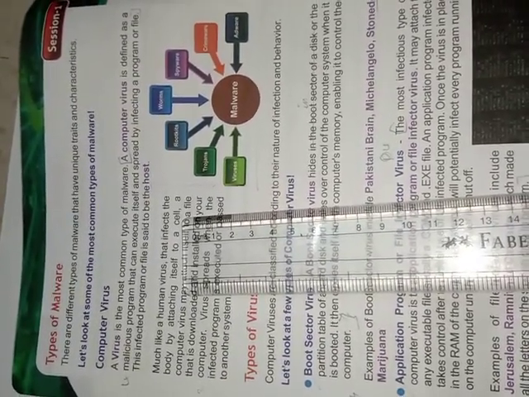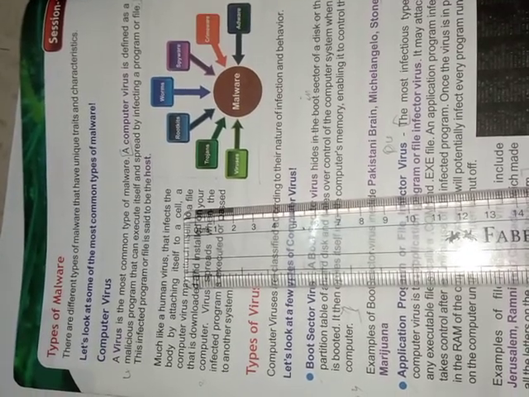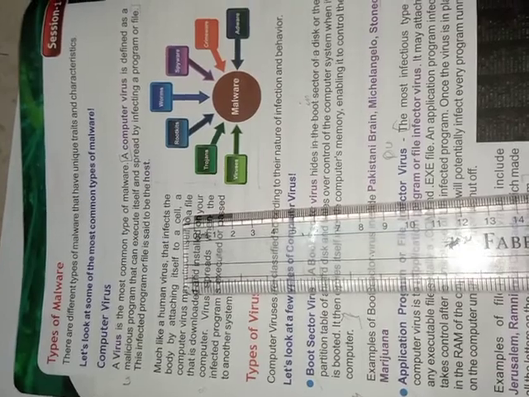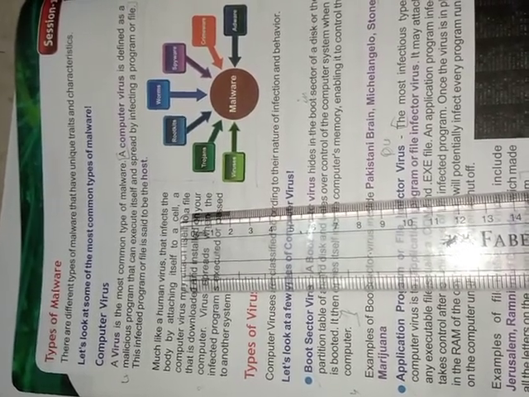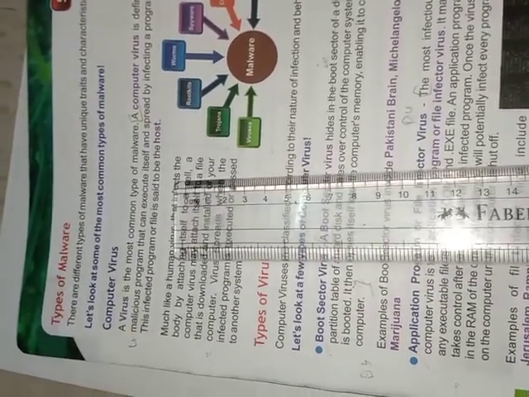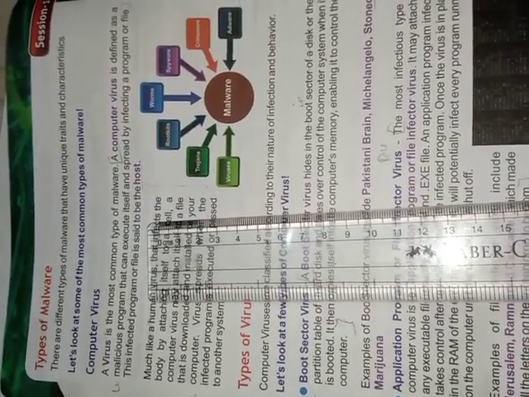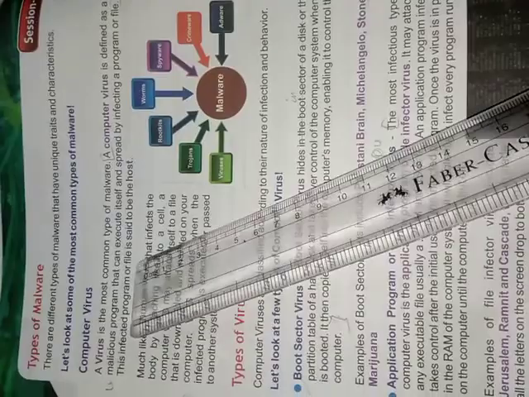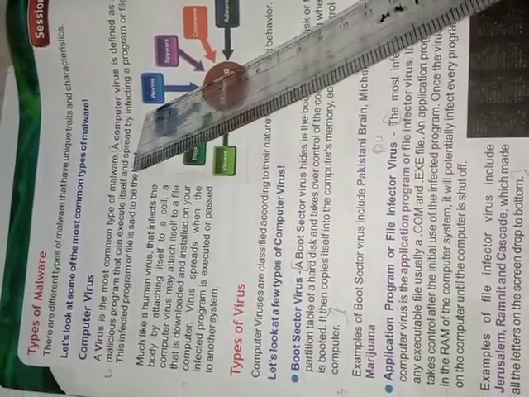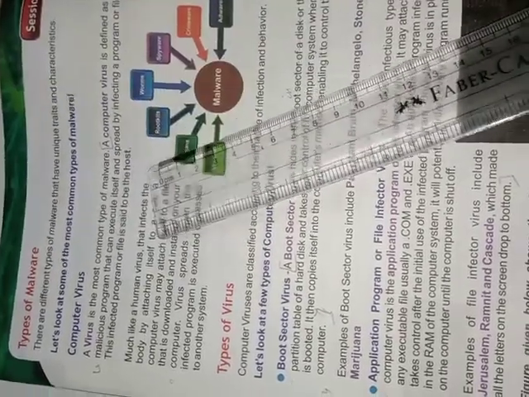So in your computer labs you would have executed some programs where you have to run the programs, but these viruses run on their own and start spreading all over the computer by infecting your files, by deleting your files, or by insertions, like adding unwanted data. So these are some of the things done by a computer virus. This infected program or file is said to be the host. So the program which is being infected is called the host.